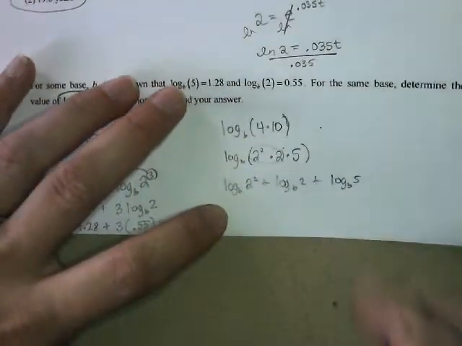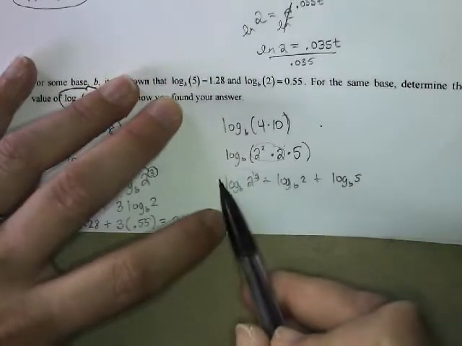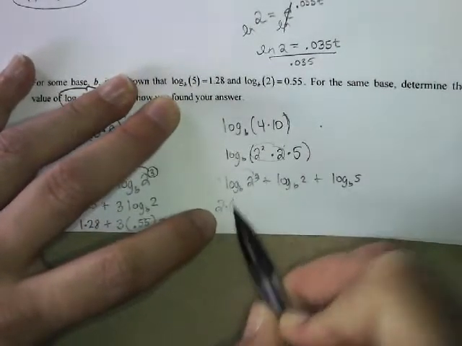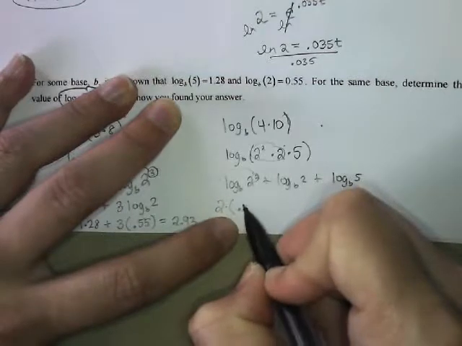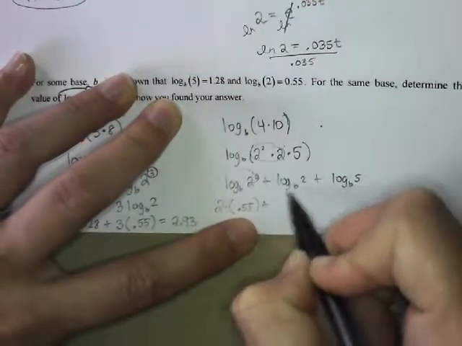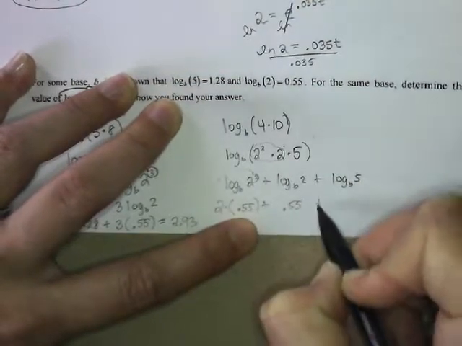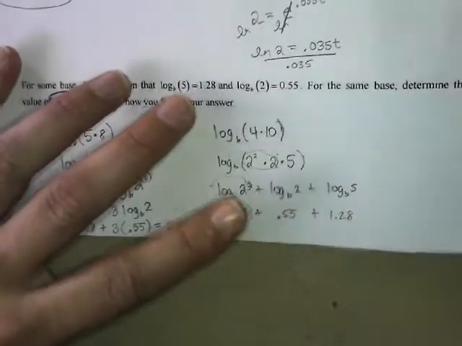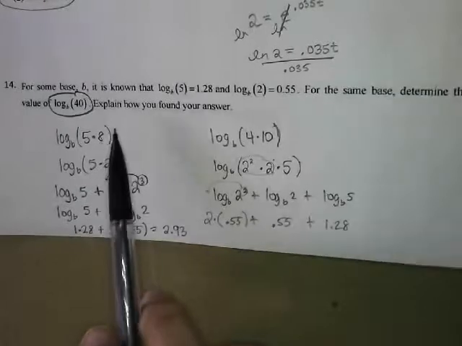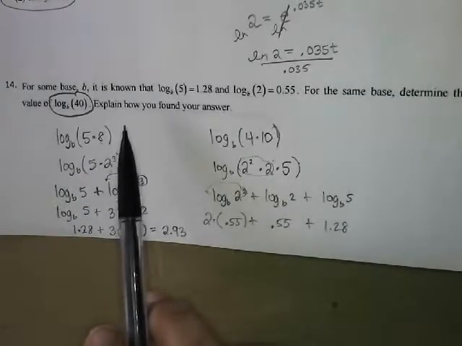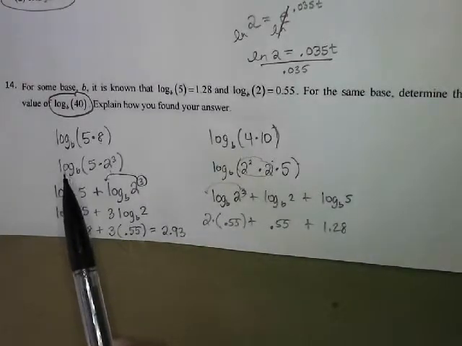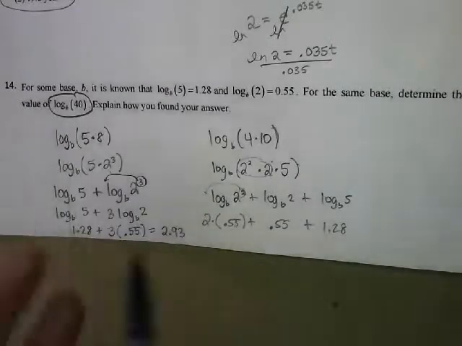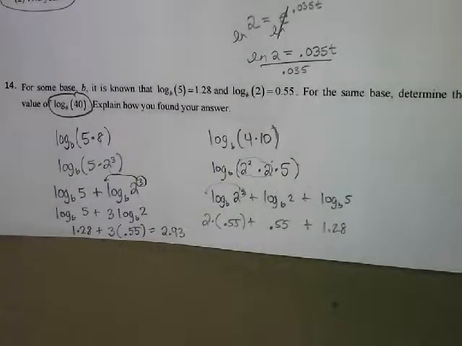If you bring this 2 out in front, you'll do 2 times your log base b of 2 number, 0.55, plus another 0.55, plus 1.28. You're going to get the same number. Okay? I'm actually surprised this one says explain. I would think this would have said justify, because your work has to be there so that you can see what that becomes.